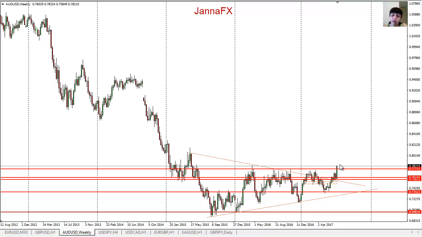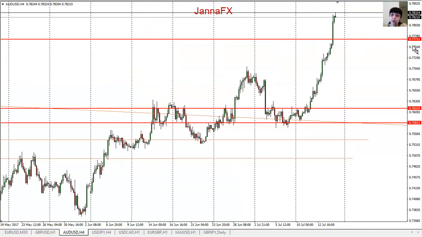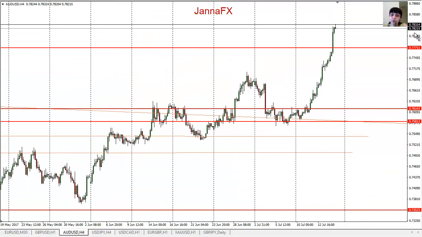So we have here, it broke it a little bit, and of course we have a little win here, and we actually had previously a little bit higher, so it possibly could continue a bit. Maybe it will be slowing down, but it has broken that level right now, and what I will be looking for is, of course, consolidations.